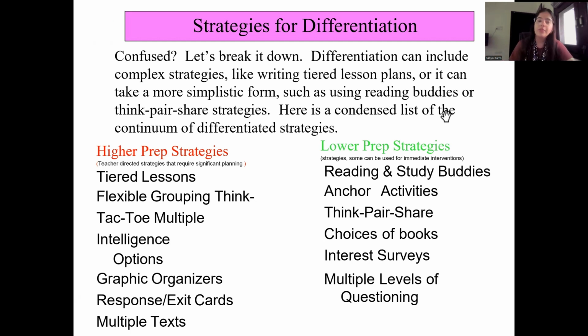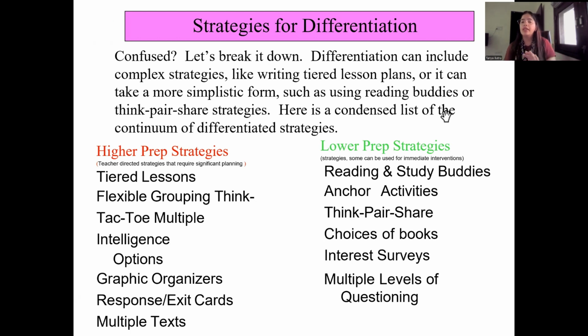Okay. Higher prep strategies include preparing tiered lessons, tier 1, tier 2, tier 3 lesson plans. One lesson plan can be having these three instructions. Okay. Tier 1, tier 2, and tier 3 lesson plans. Then flexible grouping, think tac toe, think tac activities, catering to multiple intelligence options, graphic organizers, response or exit cards, which you can use during evaluation, multiple texts.